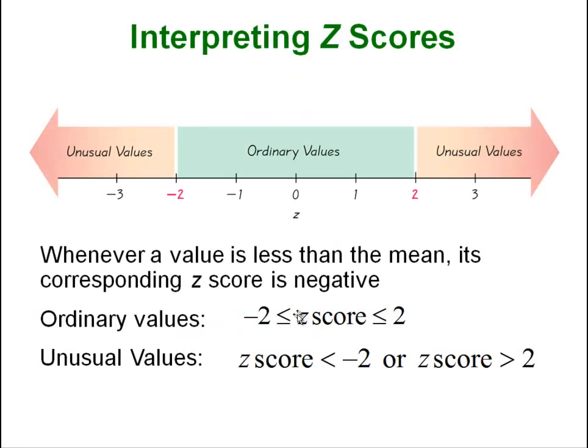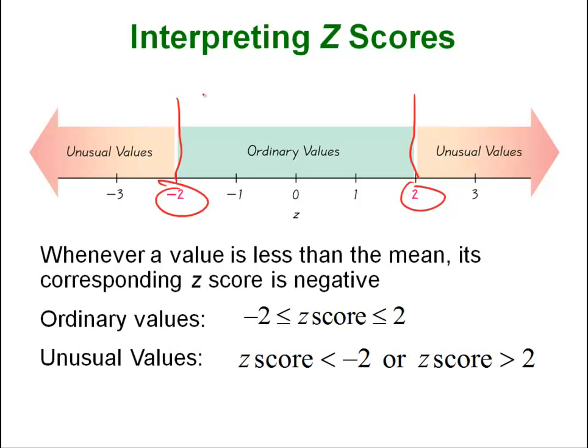Here's the interpretation of a z-score. Remember we said before that anything within 2 standard deviations of the mean was considered ordinary. And that's this right here. A z-score of 2 means you're 2 standard deviations above the mean, and a z-score of negative 2 means you're 2 standard deviations below the mean.